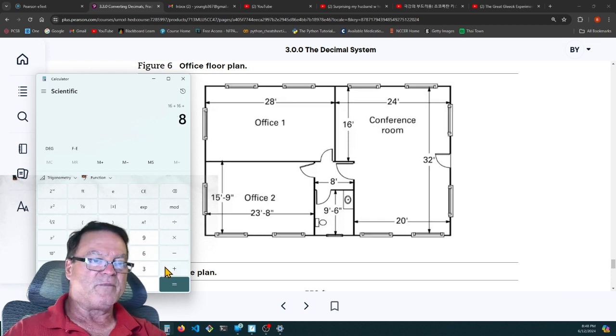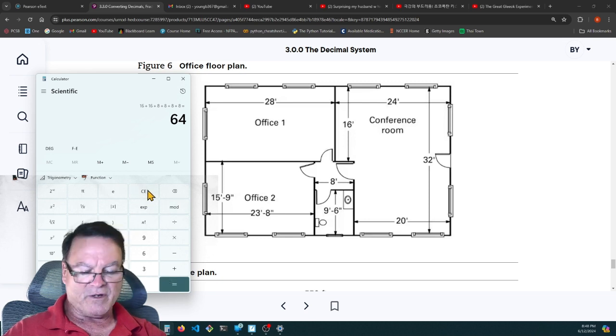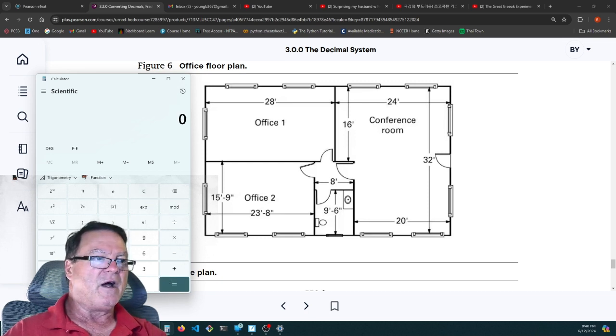I said 8 plus 8 plus 8 plus 8, and it's 64 linear feet. Now let me check it again, hold on. 16 plus 16 is 32 plus another 32, which is 8 plus 8 plus 8 plus 8, is 64 linear feet.